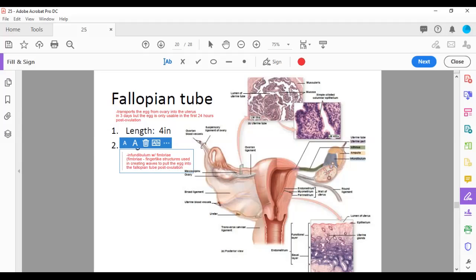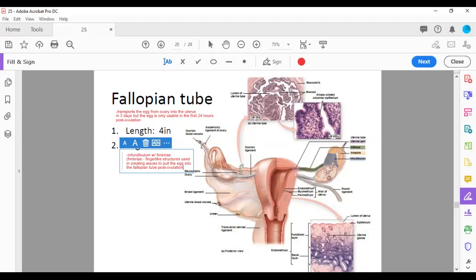Once ovulation occurs, the egg is pulled by these waves created by the fimbriae.